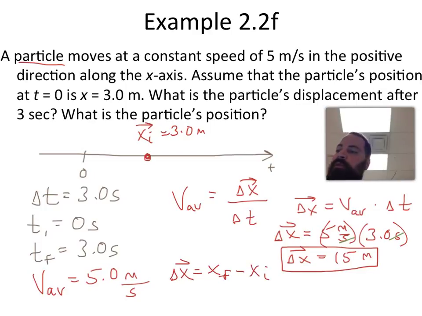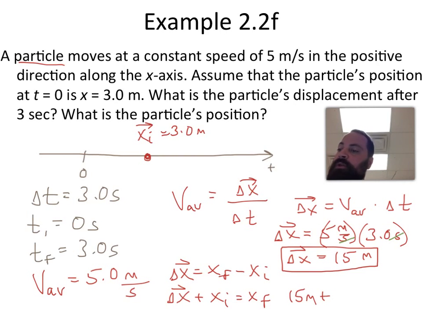If we want to solve for this, we get it all by itself, so we add delta x, or displacement, plus x initial, and that's going to tell us what our final position is. Sorry, it's getting kind of squeezed in down at the bottom. So what's our displacement? We just found that a minute ago. That's 15 meters.